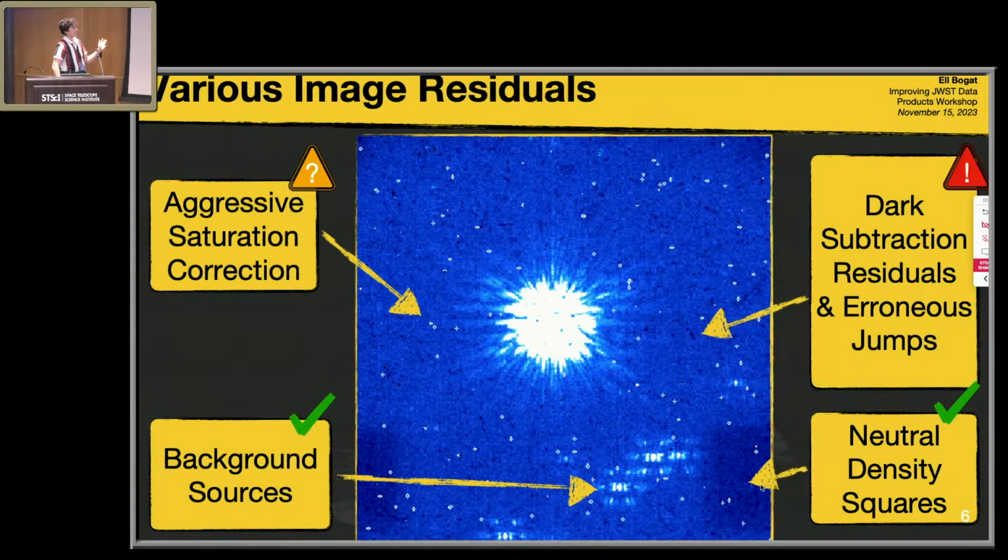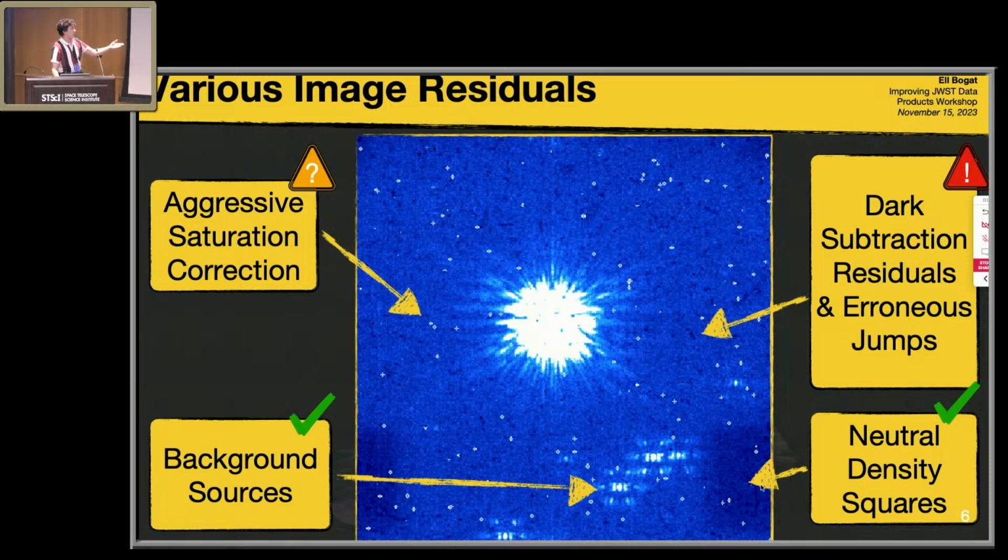I think by now we're fairly familiar with what many of these artifacts and residual things are. There are a lot of sources of signal that are not necessarily the astrophysical signal that you're interested in. There are also sources of signal that are not physical really in the sky at all. Some of the aggressive saturation correction that Anna mentioned earlier. We get residuals if your dark files are not as clean as you would like them to be.